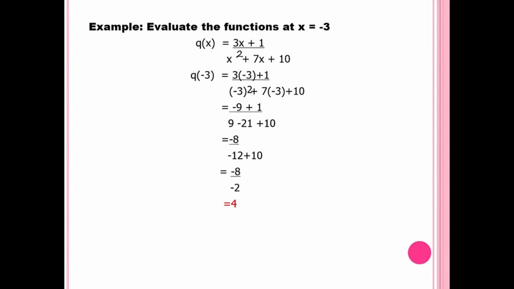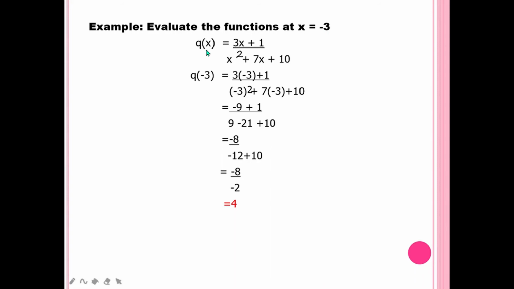I am going to solve one example on how to evaluate functions. When we say evaluate, we're just going to replace or use the value of x in the given example. Example number 1: evaluate the function at x equals negative 3.